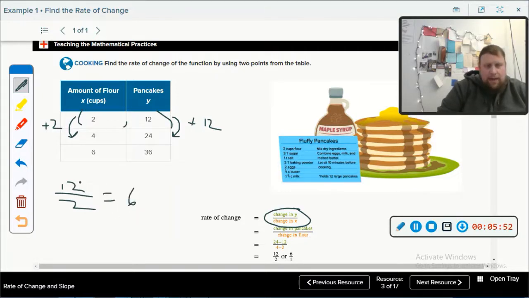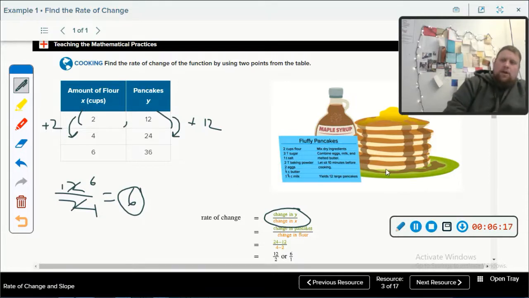I could simplify that to 6 over 1, which is 6, but it's just 12 divided by 2 is 6. Perfect. So our rate of change is 6 pancakes for every 1 cup of flour. Because I divided this out, this is 12 pancakes for 2 cups of flour, but by dividing it, we found that for every 1 cup of flour, we grow by 6 pancakes. Boom, perfect.